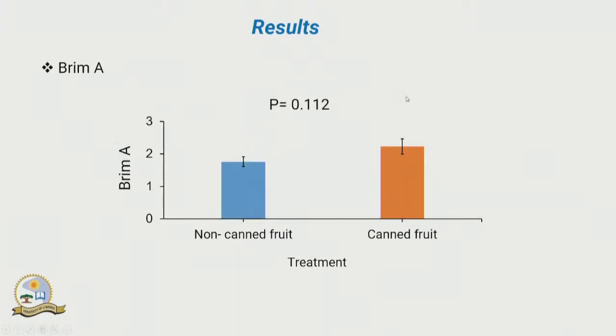What is found to be a very good indicator of sweetness is the BrimA, which is sweetness minus acidity, and for this variable, as we see, there was no significant difference. This means that the canning process has no negative effect, and no positive effect, on the fruit, which is good because we don't want anything that will transform the true state of the fruit.